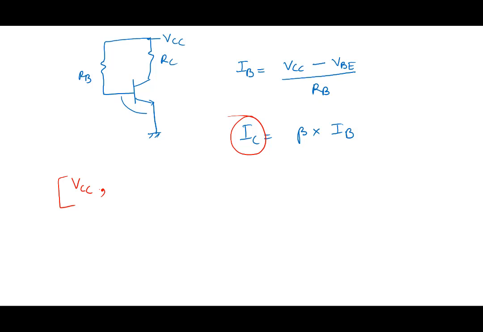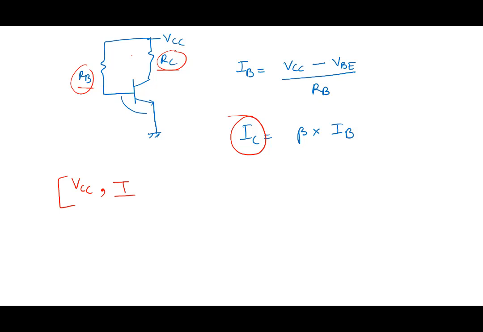Resistance, so I've put resistances RB and RC. Now there are two ways in which RB and RC may change. One is temperature. A change in temperature will cause RB and RC to change. All these resistors have a temperature coefficient.